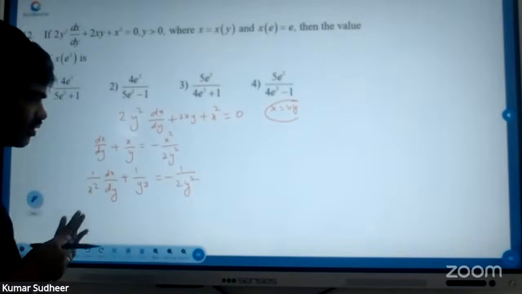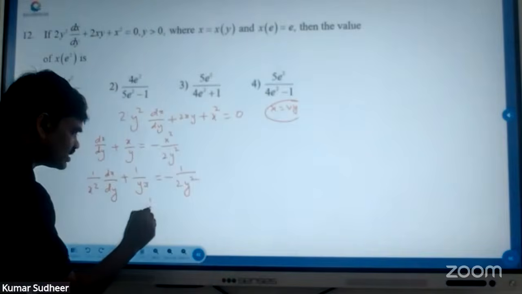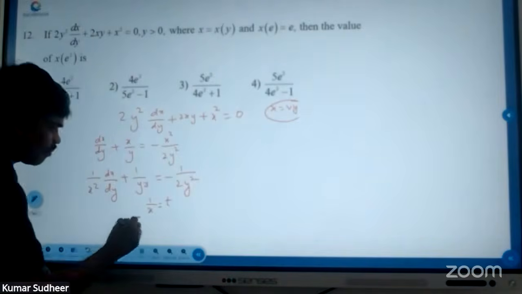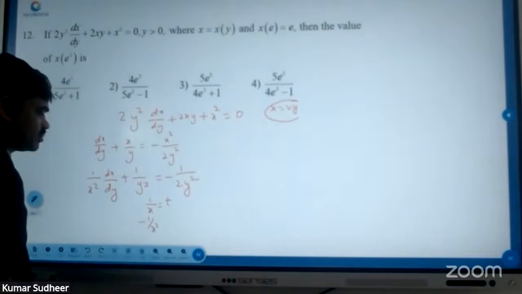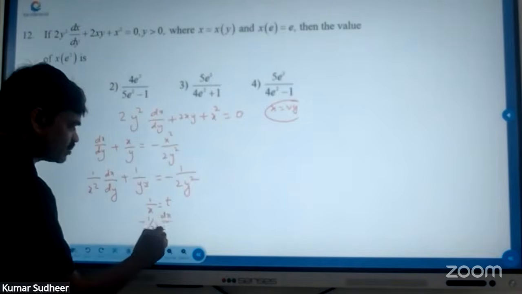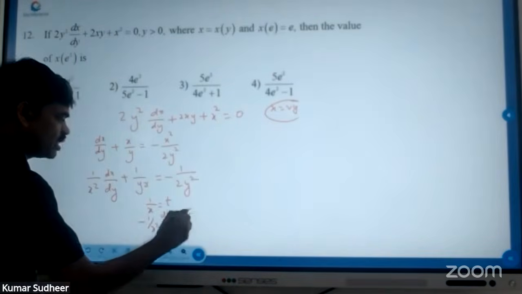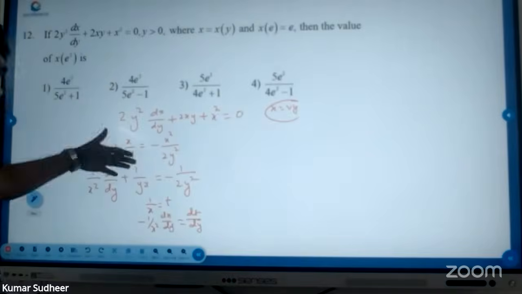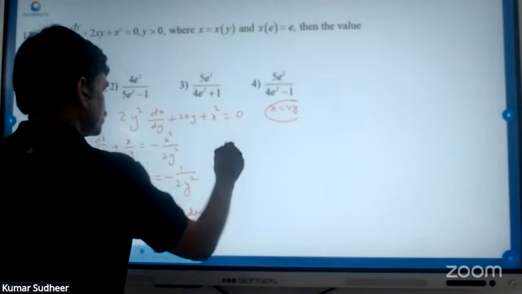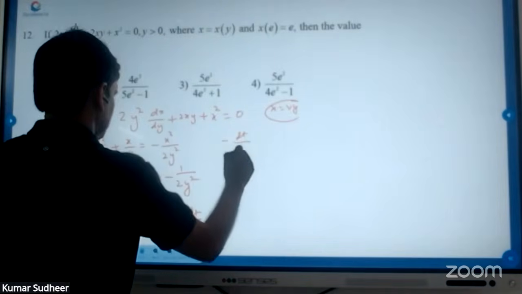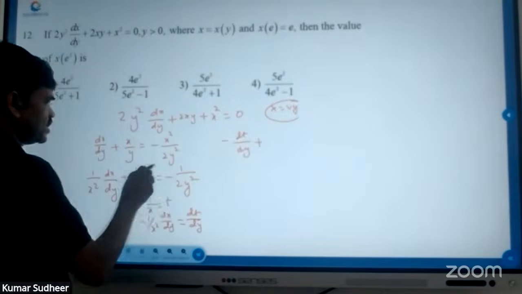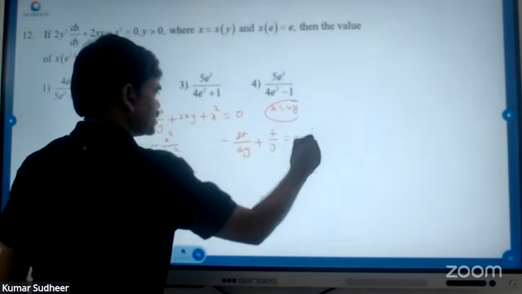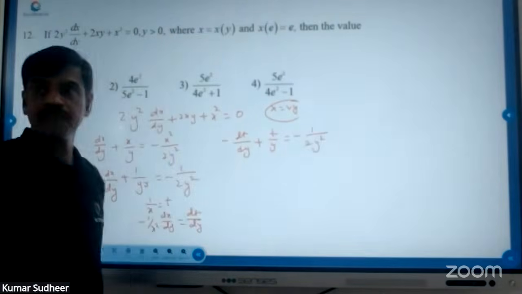Now to convert into linear, I will take 1 by x equal to t. When I take 1 by x equal to t, minus 1 by x squared dx by dy is equal to dt by dy. Now substitute. When I substitute, minus dt by dy plus t by y, that's equal to minus 1 by 2y squared.